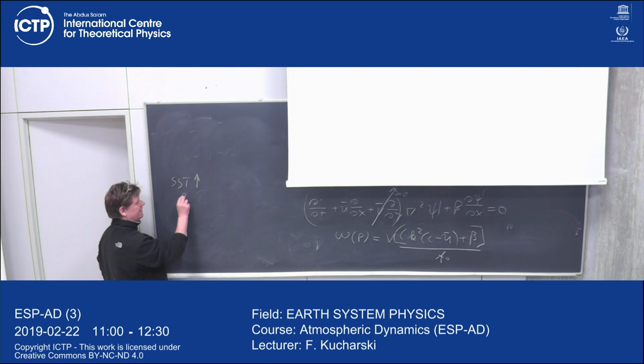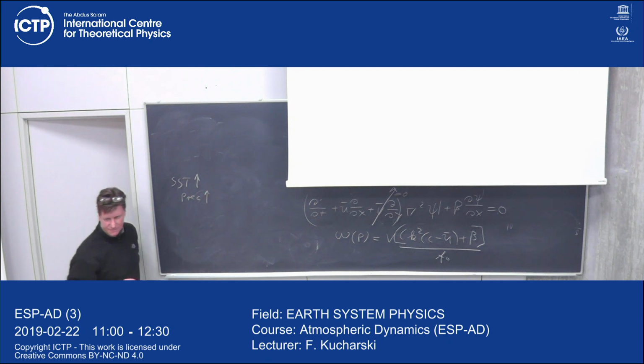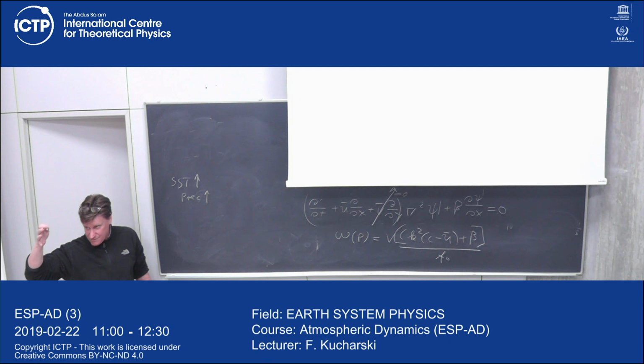Increased convection means increased precipitation in that region. Increased precipitation will also cause the heating in the atmosphere to increase. You have studied that, right? Condensation in clouds is a heating term. So we heat more in this region than in other regions.